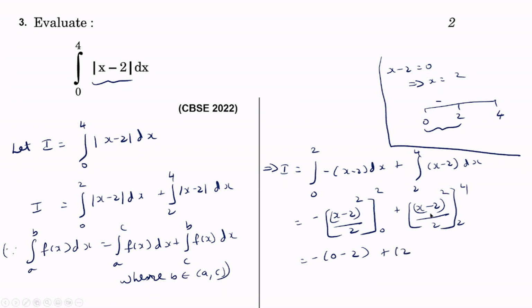When we put the lower limit, it is 2 minus 2, 0. So this is 2 plus 2, which is 4. Therefore I equal to 4. Therefore the value of this given integral is equal to 4.